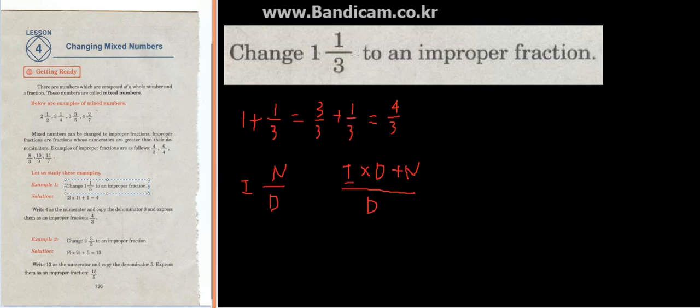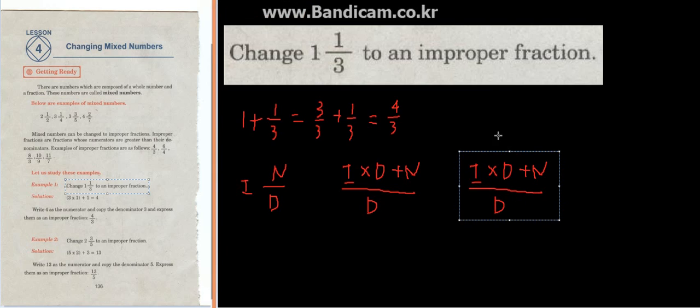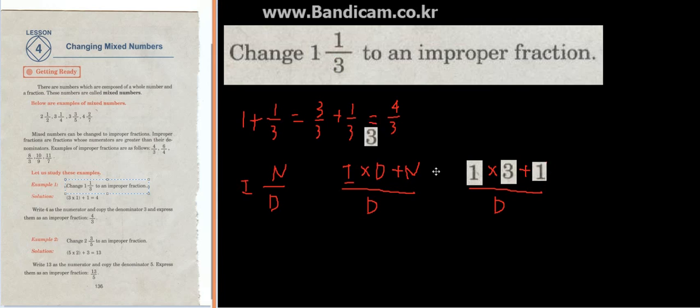In other words, you can write it down like this. I'll copy this. The integer 1 can be put here, the denominator 3 can be put here, the numerator 1 can be put here, and the denominator 3 can be put here.